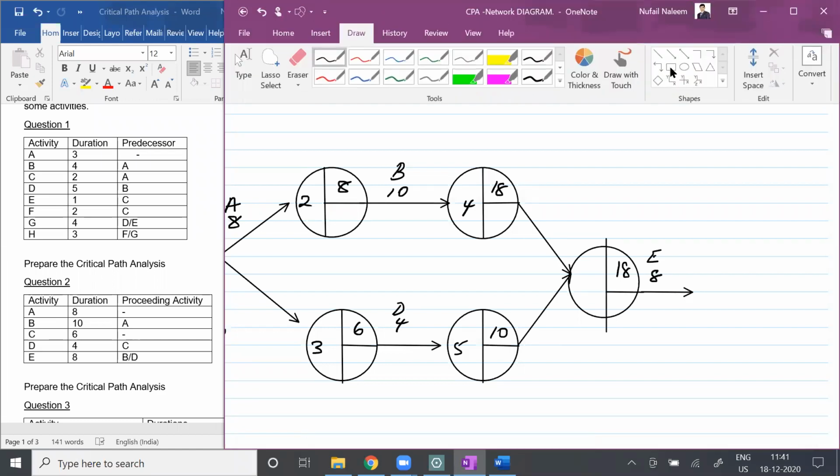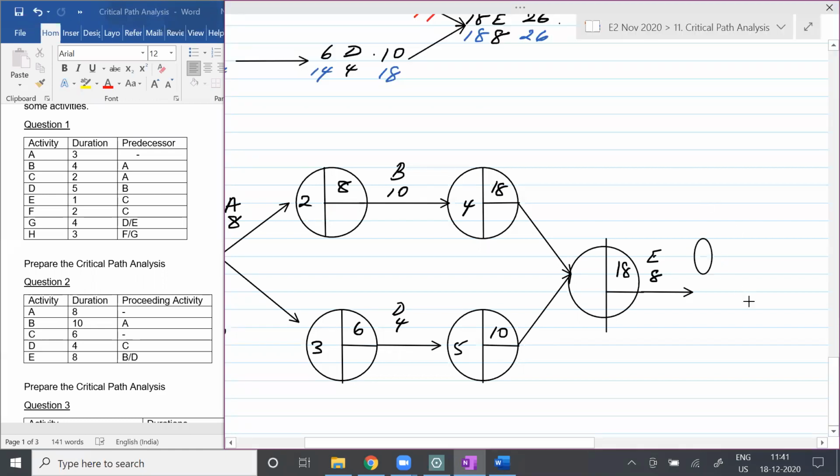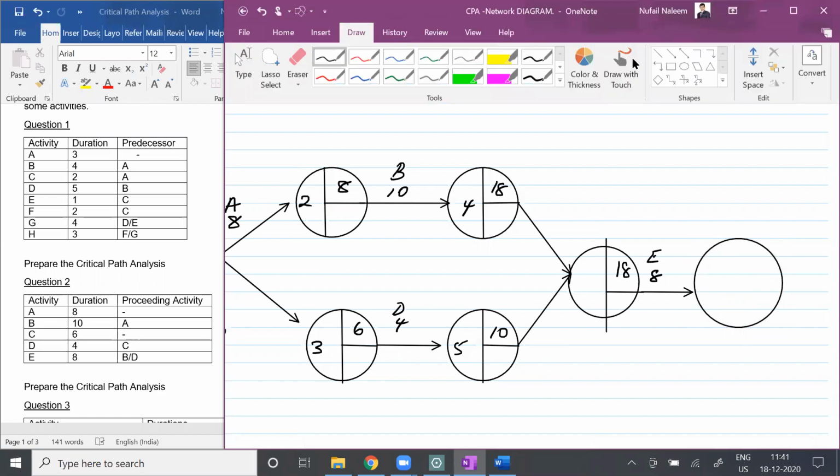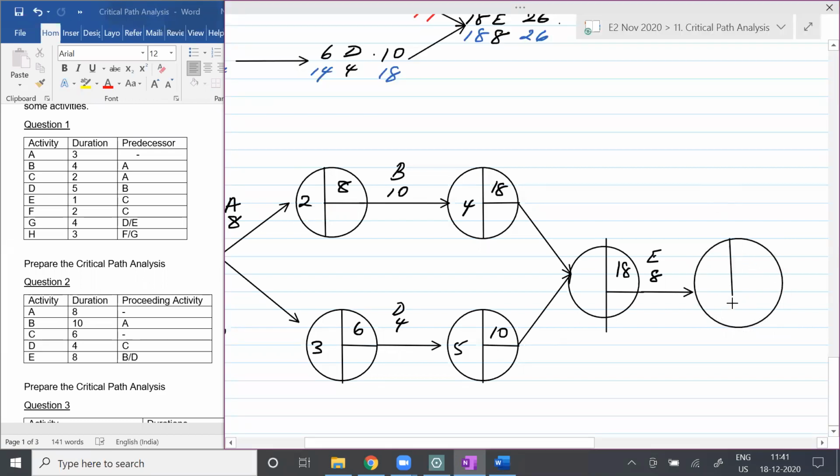So if you want to complete the last activity E, eventually, the total earliest time period is going to be how much, students? Please do let me know. The total earliest time is going to be 26. Any questions there, students?